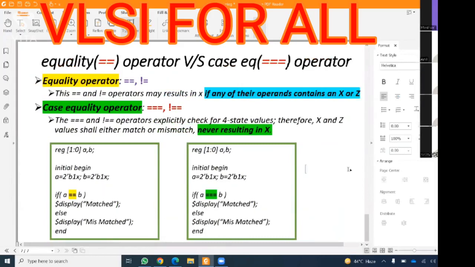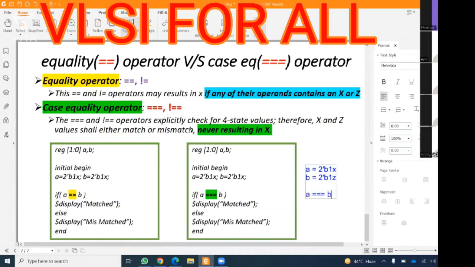Sir, in the case equality operator, here you considered A equals 2'b1x, and B equals 2'b1x. What if I change the value of B, that is 2'b1z? In this situation, will it display mismatch? Are you saying this scenario? Yes, sir. Okay, and you are checking this? Yes, sir.